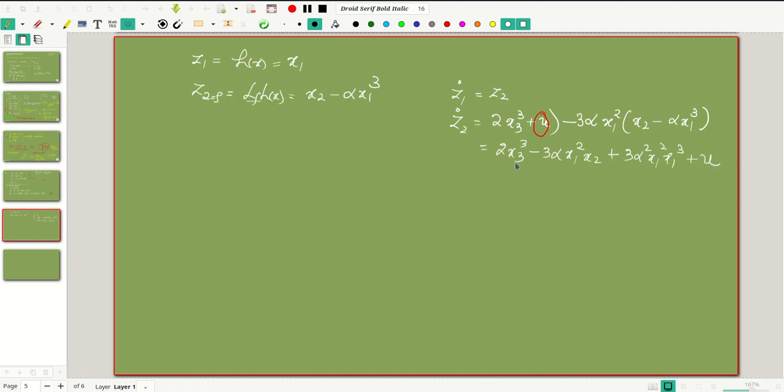Plus u. Okay, so I can find out a u which linearizes the system. How will I find out the u which linearizes the system? What is that u which linearizes the system? This is x1 raised to 5. Actually it is x1 raised to 5 here. x1 raised to 5 plus u.